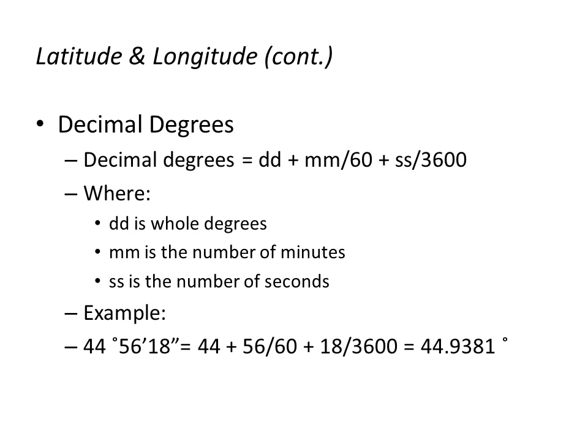So we would say 44, we then put our decimal point in place, and then the result of 56 60ths plus the result of 18 3600ths. That gives us a result of 44.9381.